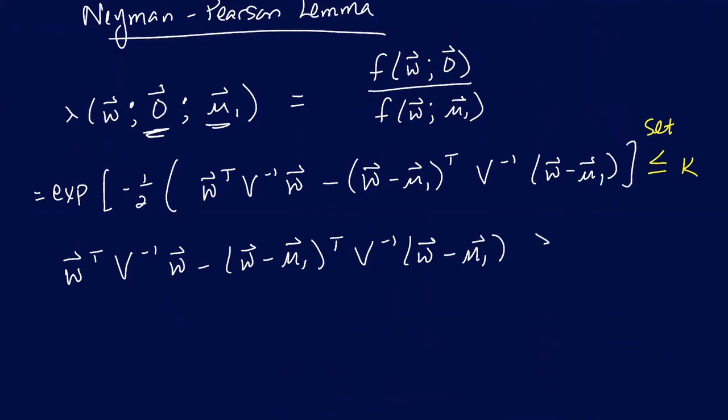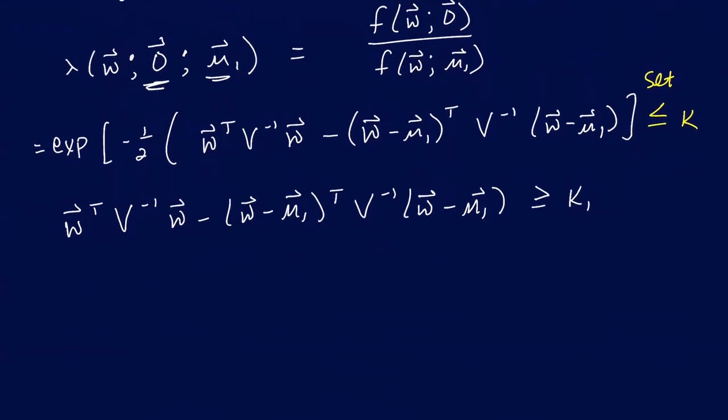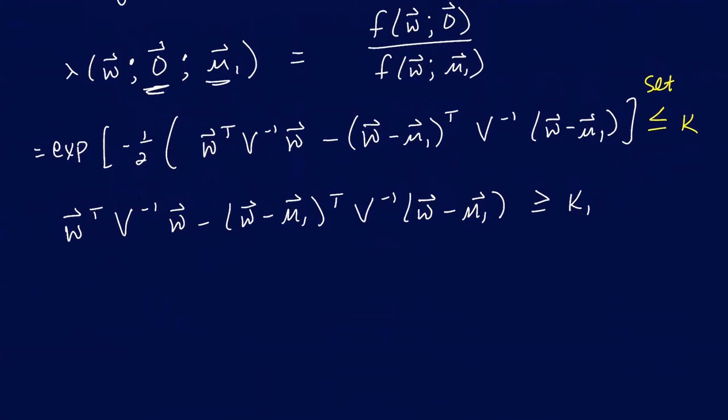And this is going to be greater than or equal to K1, or maybe K2 or K3 if you really kept track of each little move you made in simplifying the line above. Okay, so this looks bad, but if you remember part A, it kind of looks similar. And in part A, we squared out the thing that was squared and ran the sum through, and then we got some cancellation from this term. And so let's try that here.